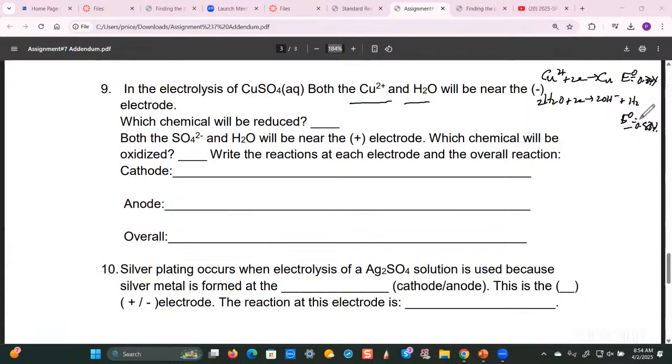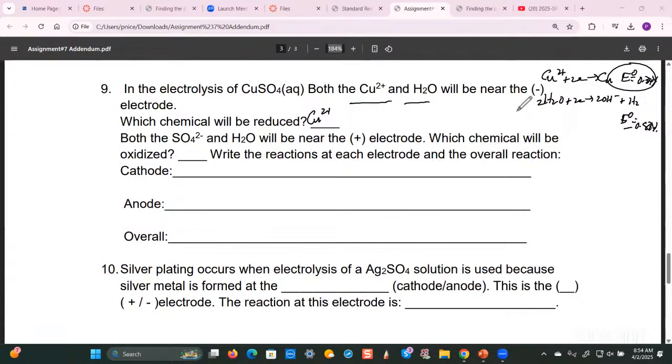So which one is higher? The reduction of copper is higher, right? So the answer here is that the copper 2 plus will undergo reduction. Yes, sir. What's the EMF value for copper? 0.34, thank you, and that's positive. All right, so the answer is that copper 2 plus will be the species undergoing reduction.